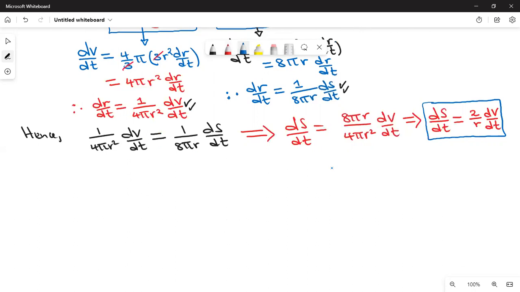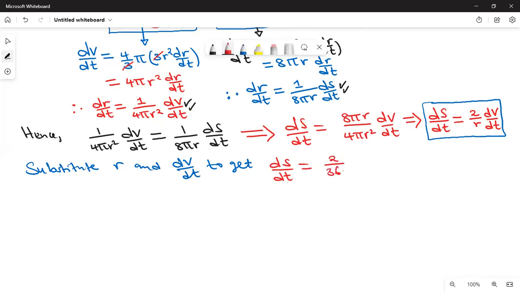So upon substitution, we are going to get dS/dt is equal to 2 over 360 times negative 900. You can simplify this. That should give you negative 5.